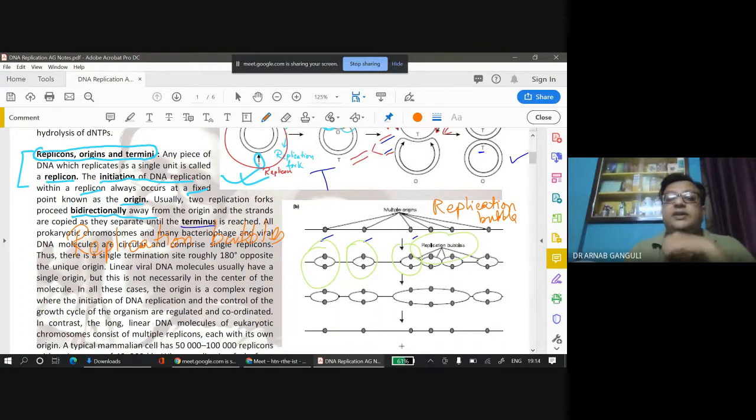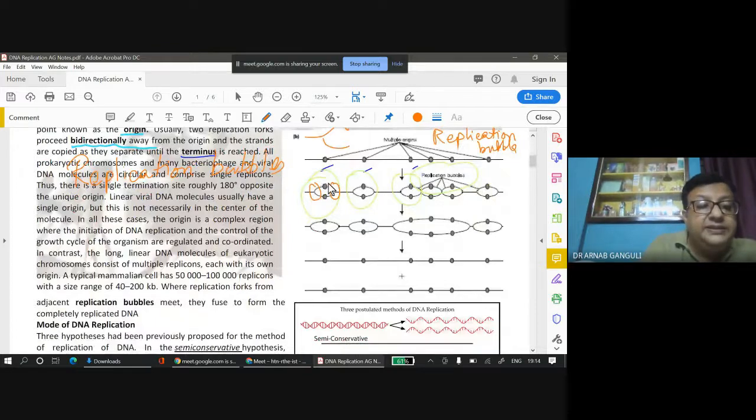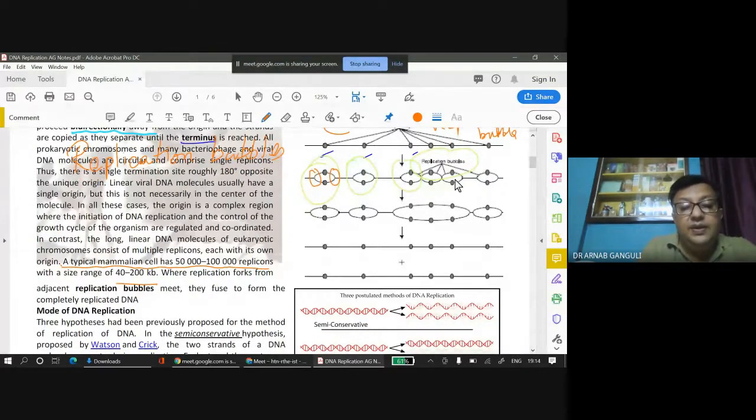So this is the fork. This is the fork region. A typical mammalian cell has 5,000 to 100,000 replicons within a size range of 40 to 200 kb. Where replication forks from adjacent replication bubbles meet, they fuse to form completely replicated DNA.